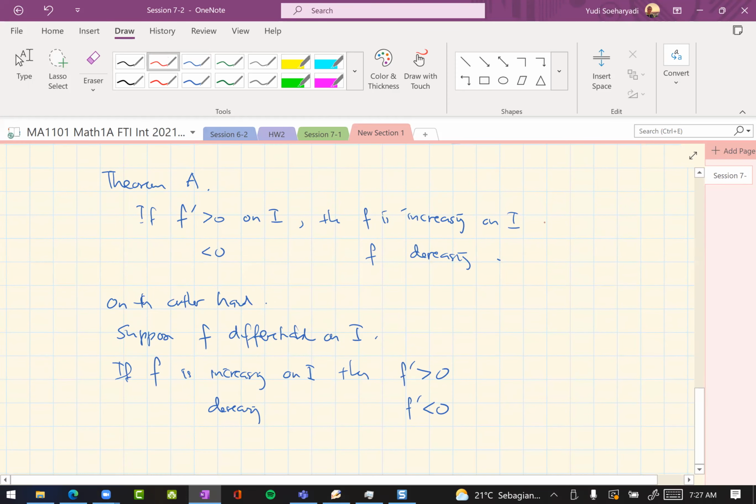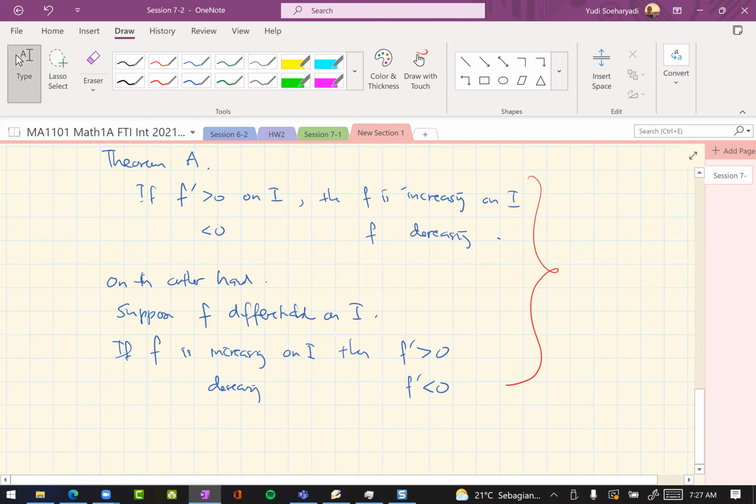So if you combine them, it works both ways. That means you can indicate decreasing or increasing just from the sign, and vice versa. So monotonicity depends on the sign of the derivative.